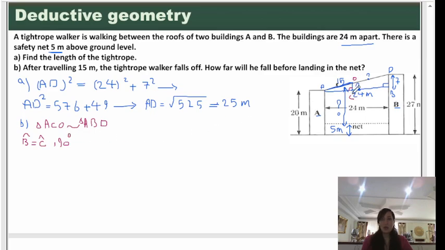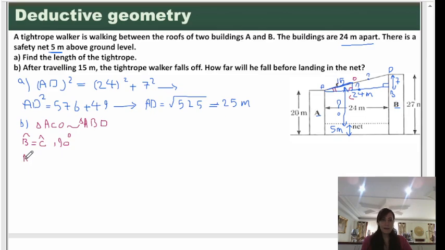Because OC and BD are parallel lines, so C and B are corresponding angles in these parallel lines, so they are equal. I always have to write my reasons.